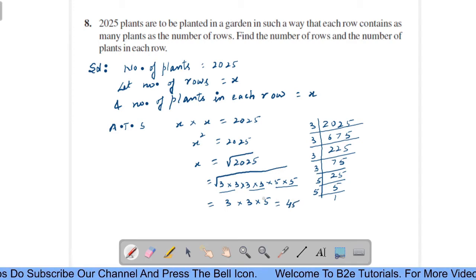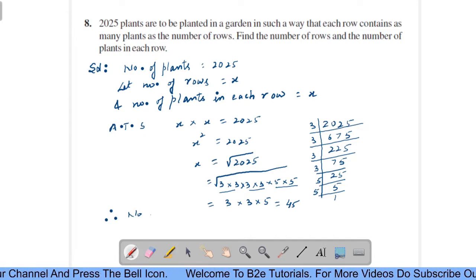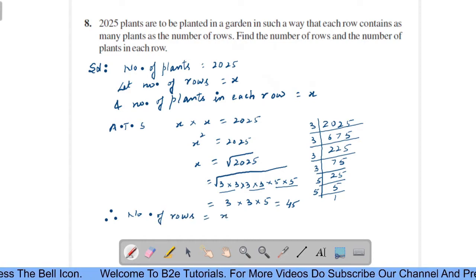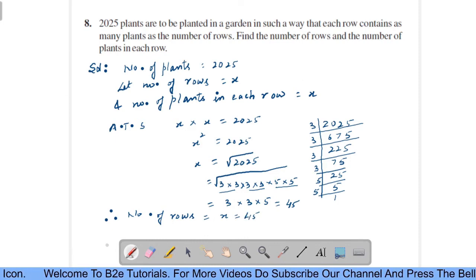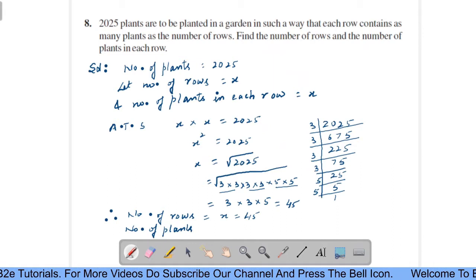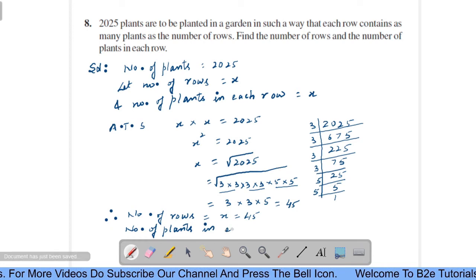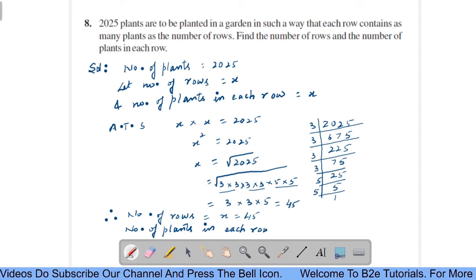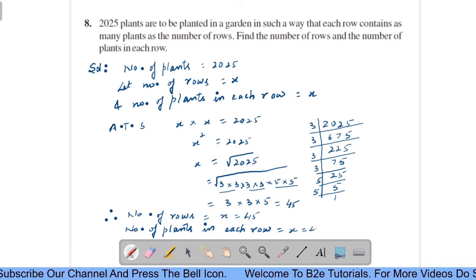Therefore the number of rows is x, and the value of x is 45, and the number of plants in each row is again x, and the value of x is 45.